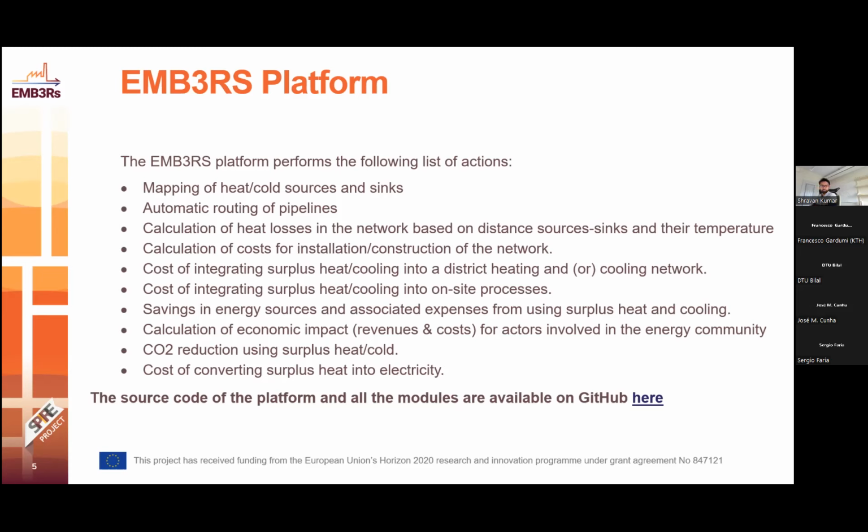And then savings in energy sources and associated expenses, calculating the economic impacts, so revenues and costs of the actors involved in the energy community, the CO2 reduction impact with this heat cold network that the platform suggests, and the cost of converting excess heat into electricity, as I said, via an organic Rankine cycle. Yes, the source code of the platform and all the modules are available on GitHub, and you can find the links later in the presentation.